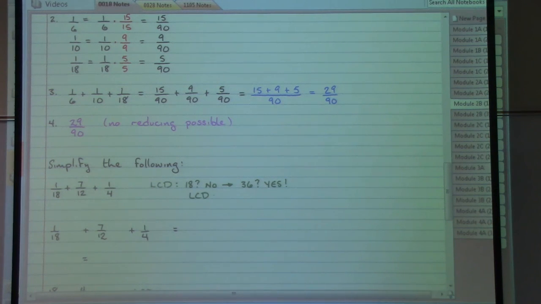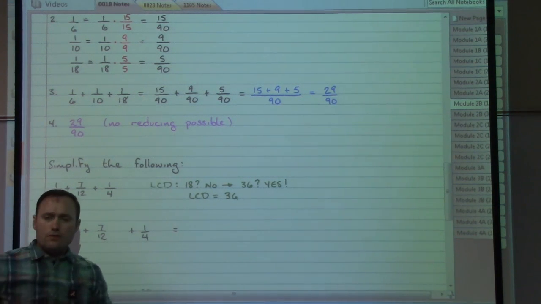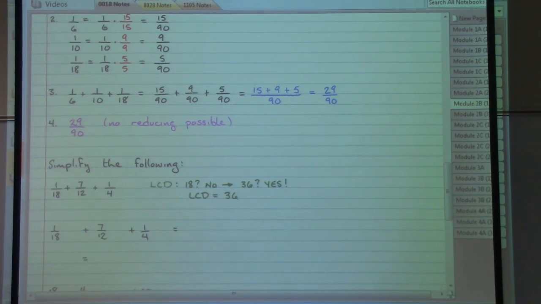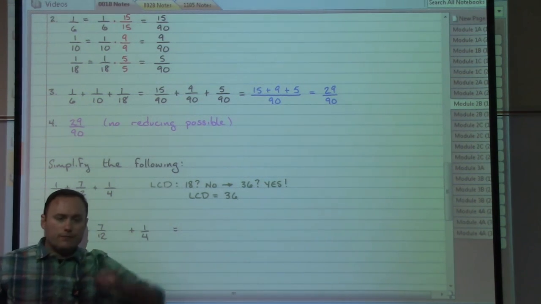Our least common denominator for this particular problem turned out to be fast to find. That was a 36. Sweet. So I need now to have my fractions adjusted so that they will each turn into something over 36.